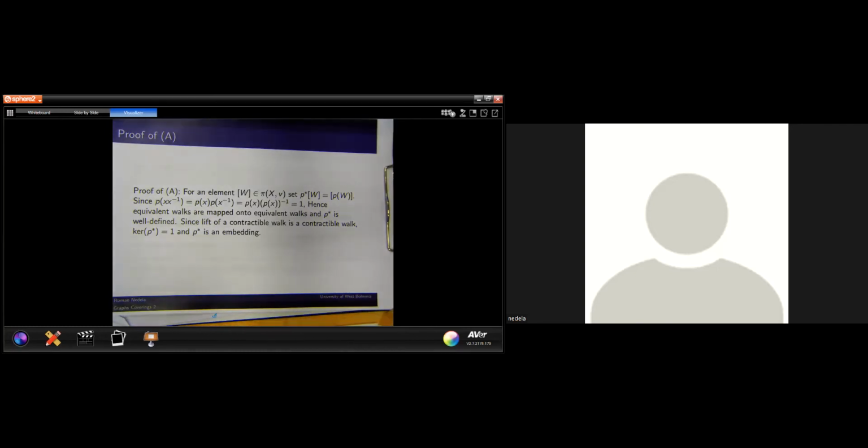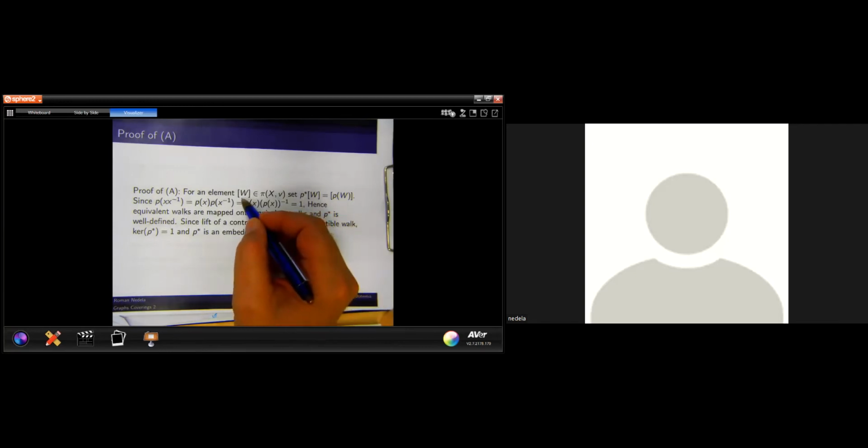So let me prove statement A. What are the elements of the fundamental group of a graph? These are closed walks based at W, based at V, modulo the relation of contractibility.